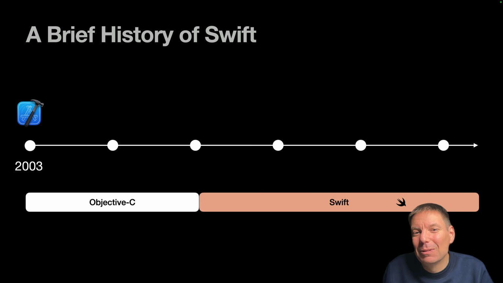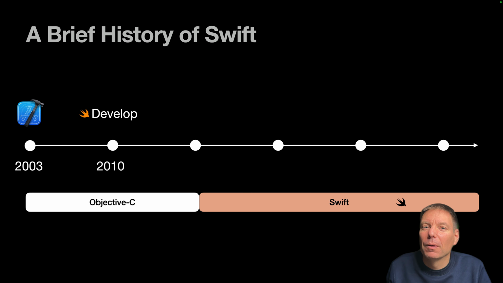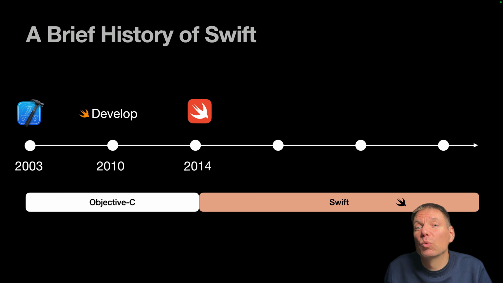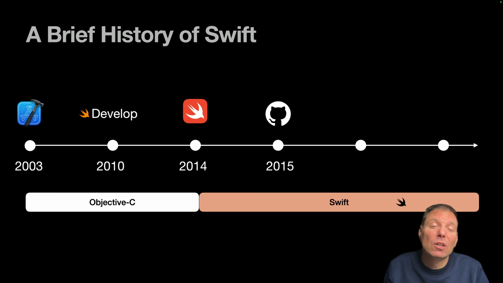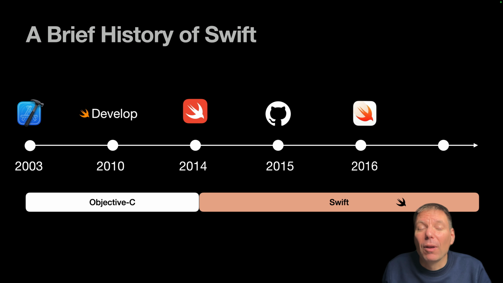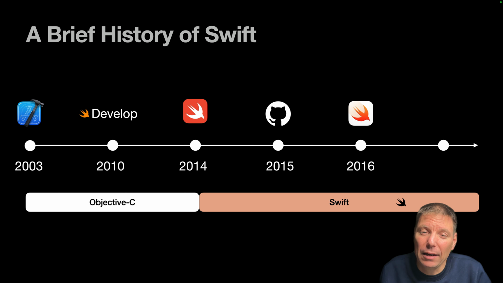And in 2010, Apple started to develop Swift internally. Now, this effort was led by Chris Lattner, and then 4 years later, Swift was launched at WWDC. A year later, Apple open sources it and makes it available on GitHub, and the next year, Playgrounds is released. And from my understanding, this effort again was led by Chris Lattner.